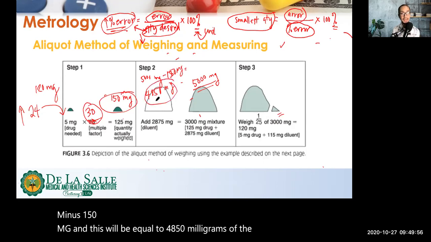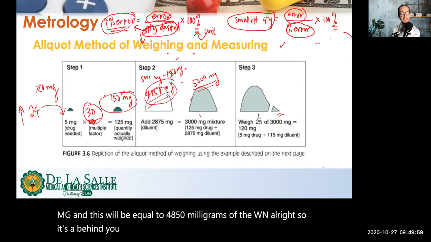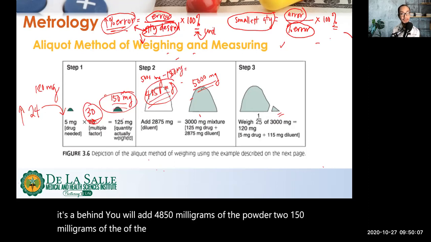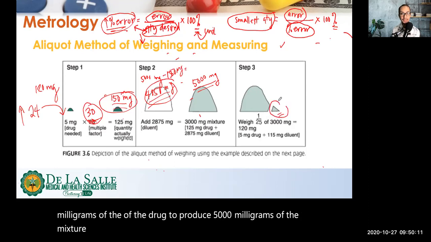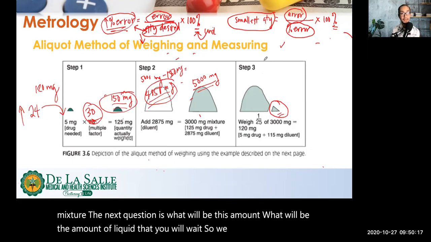So you will add 4,850 milligrams of the powder to 150 milligrams of the drug to produce 5,000 milligrams of the mixture. The next question is, what will be the amount of aliquot that you will weigh? So we will again do ratio and proportion.